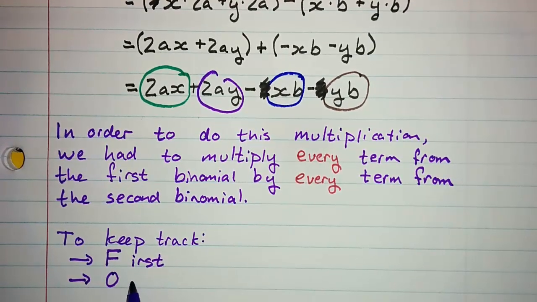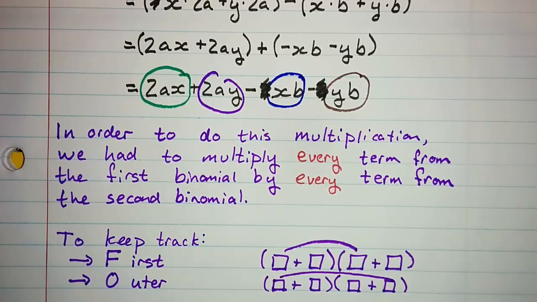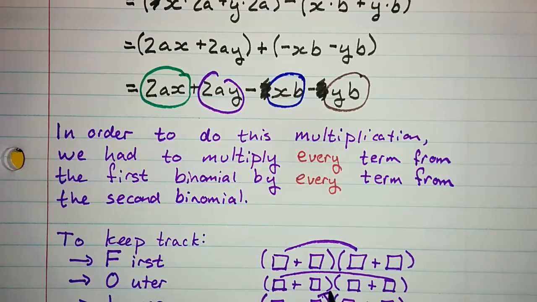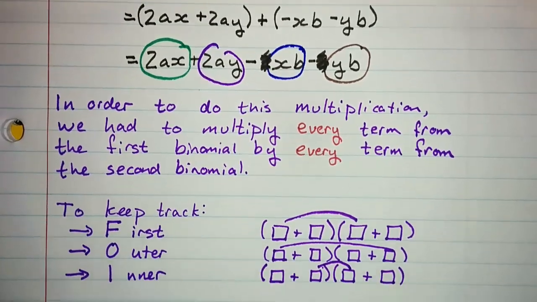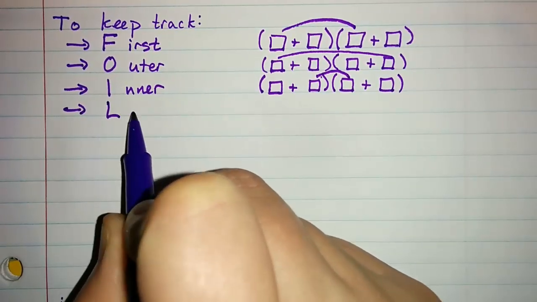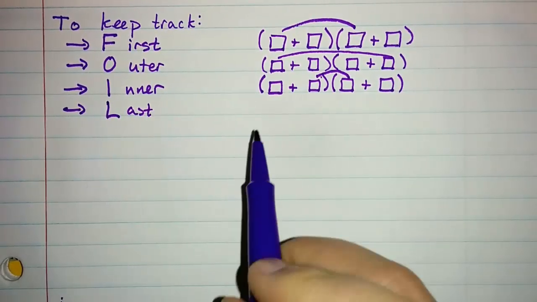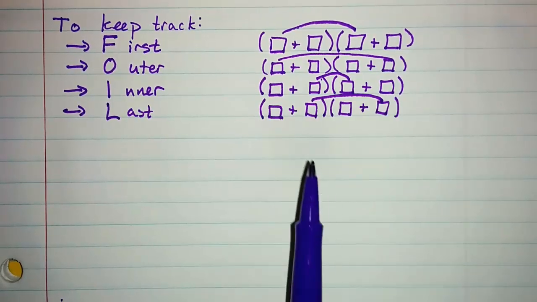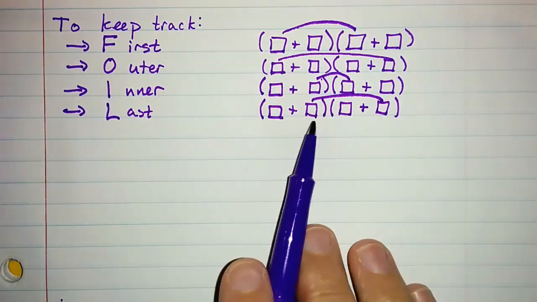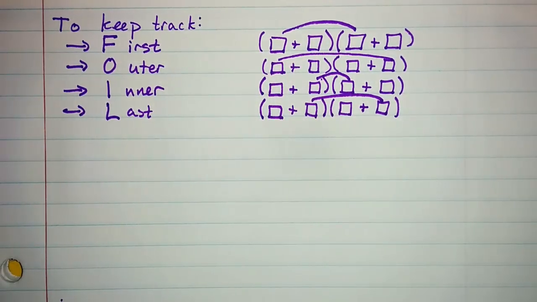Then we will multiply the outer pair, so the first term from the first by the second term from the second. Third, we'll multiply the inner pair, so the second term from the first by the first term from the second. And finally, we'll multiply the last pair, so the second terms from each binomial. And you see that this catches every possible pair.